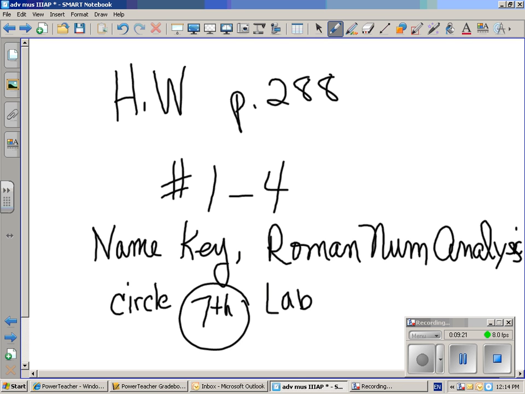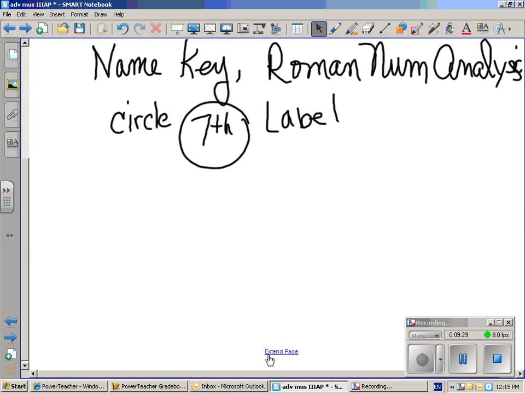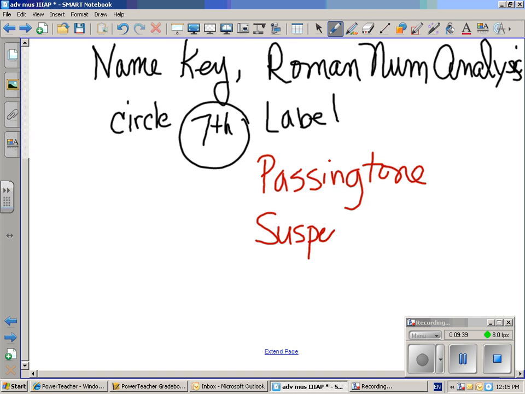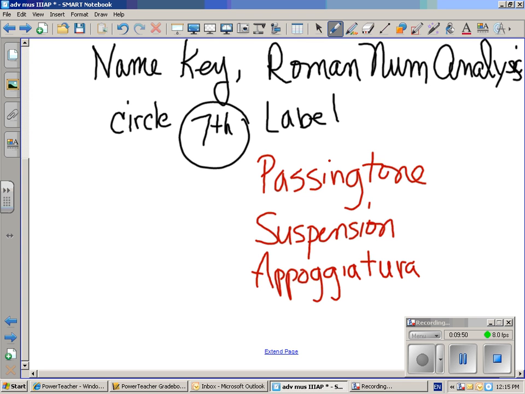You have 4 choices for a label. You can label it as a passing tone, you can label it as a suspension, label it as an appoggiatura, or it could be an upper neighbor tone. And you just look at it and you can tell the end.